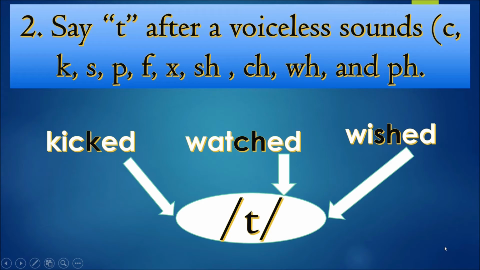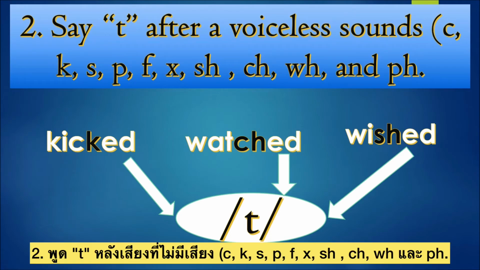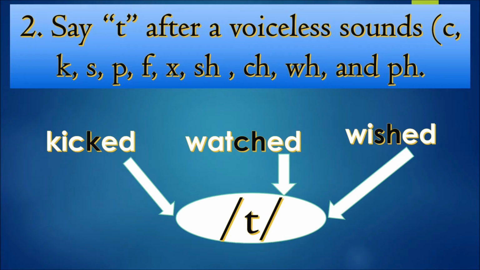Next, number 2. Say t after a voiceless sound. Okay? So, if the sound is voiceless, it means quiet. They don't have voice, like C, K, S, P, F, X, Sh, Ch.